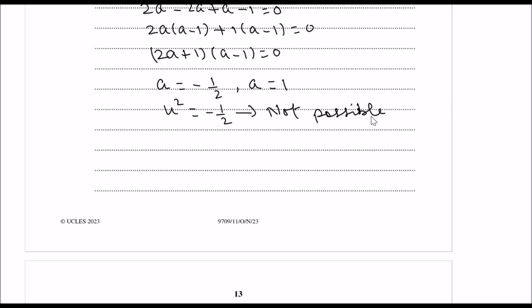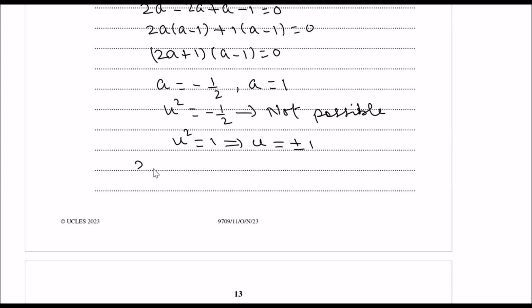Any term square will never be negative, right? A square always makes the term positive. Now a equal to 1, so that means u square equal to 1. So this implies that u equal to plus minus 1.